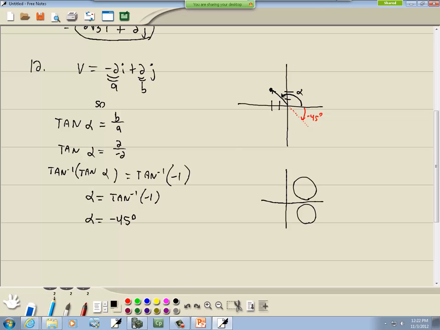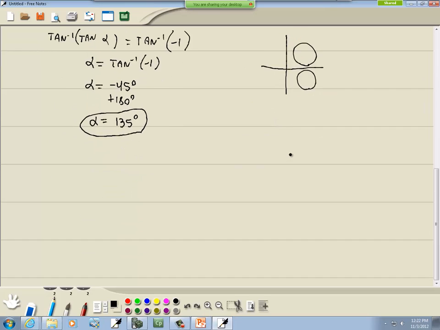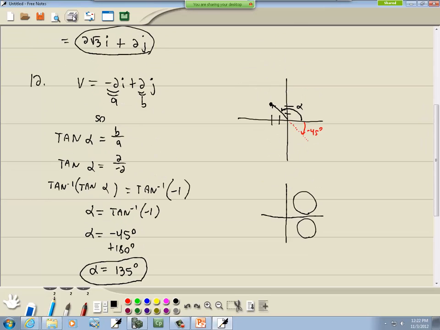So what I'll do is I'll add 180 degrees to that. And I think that's 135. So alpha is going to equal 135 degrees. And that's the angle. So again, you use inverse tangent to find your angle, but then you may have to do some adjusting once you get it.